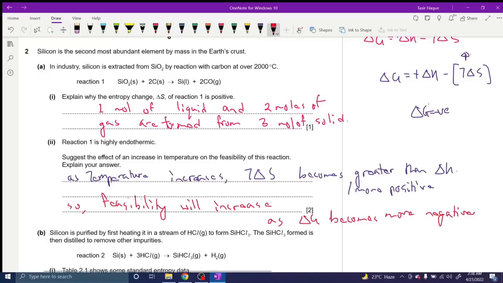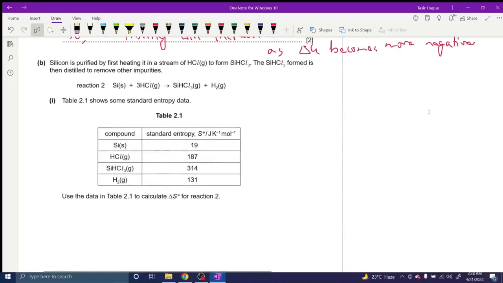Okay, that's it. Silicon is purified by first heating it in a stream of HCl to form SiHCl3. Okay, we have some entropy. Let's find out the entropy, right? This is the del S system actually. So products minus reactants. 314 plus 131 minus 3 into 187 minus 19.